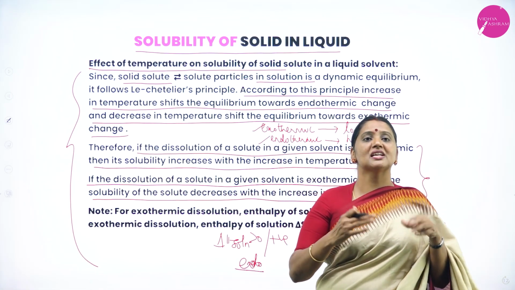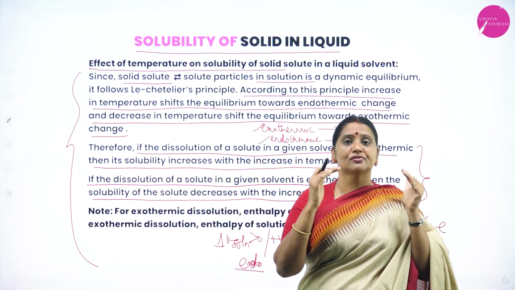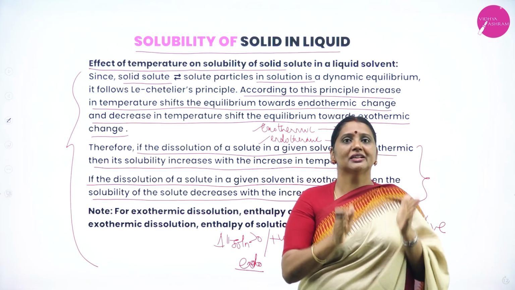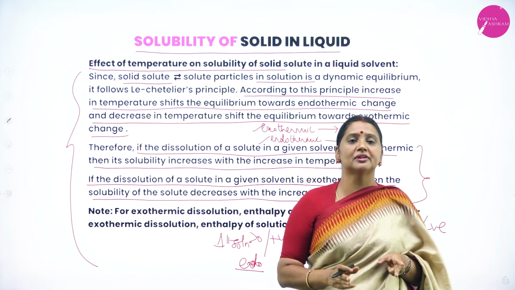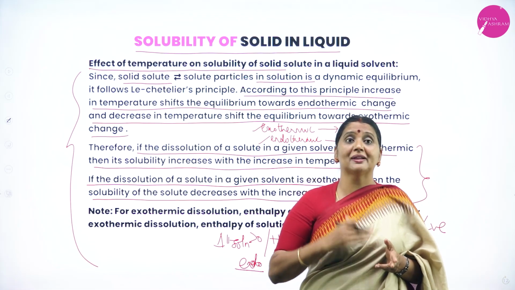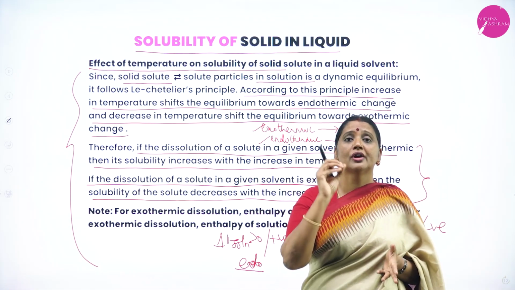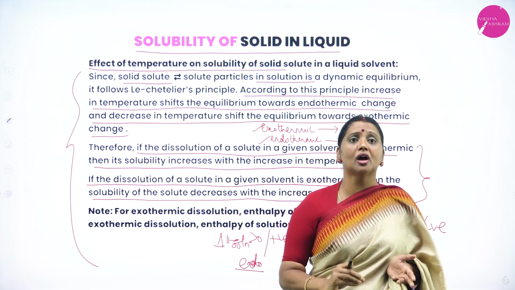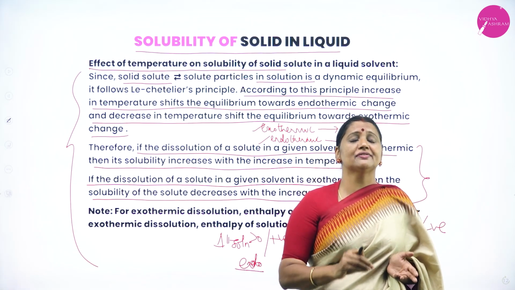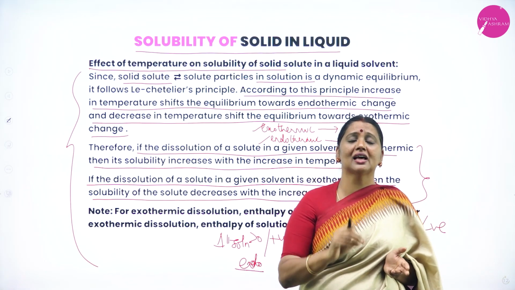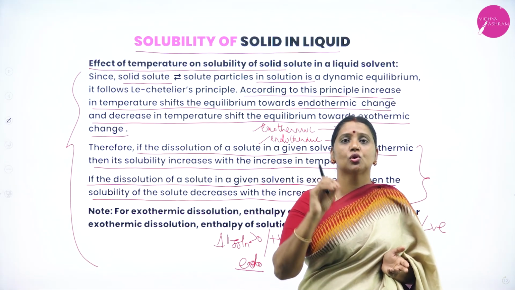How does temperature affect the solubility of solid in liquid? It depends upon temperature, but before applying temperature, you have to find out whether the reaction is exothermic or endothermic. If the enthalpy of solution is less than 0, it is exothermic.